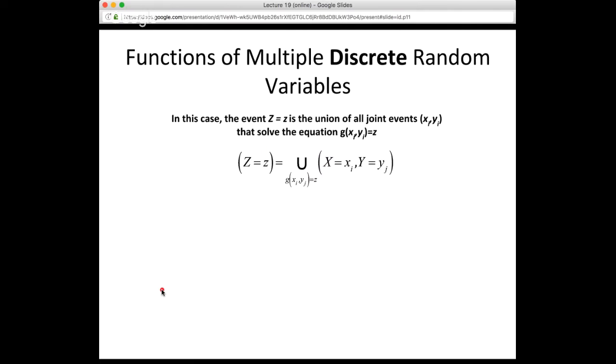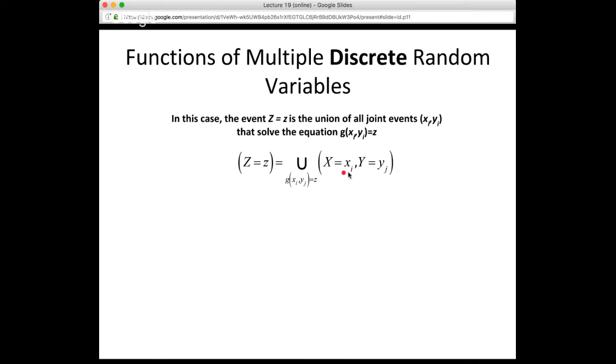Well, the first thing we have to recognize is that if we're interested in a very specific event for the random variable z, say we've isolated the event where random variable z is equal to some specific value, little z, that's going to be the union over all combinations of xi and yj that, when we substitute them into our function g, give back that z value.